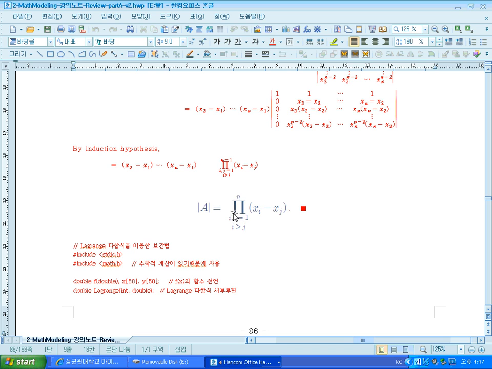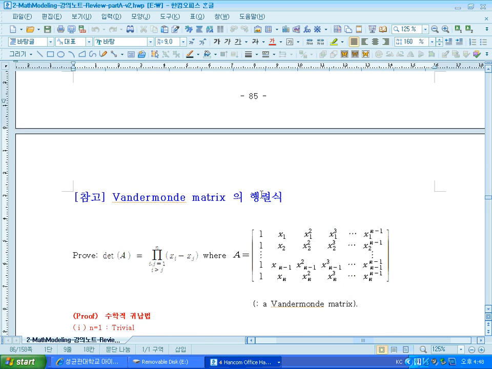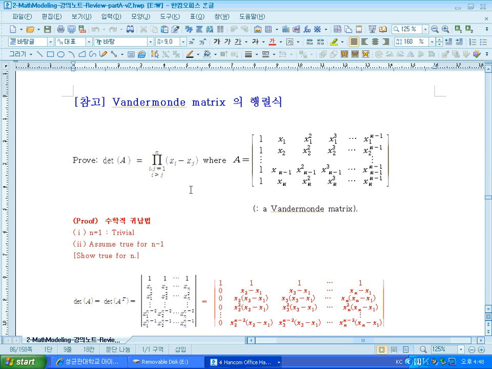The determinant of A is the product over i, j from 1 to n, where i is bigger than j, of xi minus xj. So we have n times n minus 1 over 2 terms of those, which is the value that we are looking for.